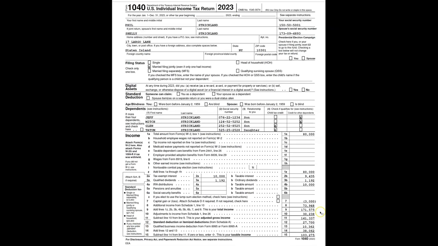So not only is there a big difference between gross income on line 9 and AGI on line 11, there's also a big difference between AGI on line 11 and taxable income on line 15. This is the end of the first video on overview of a 1040, and by the time we finish all 3 videos, you'll be able to explain to the examiner how total income of $171,575 became AGI of $141,337 and then became taxable income of $103,275.